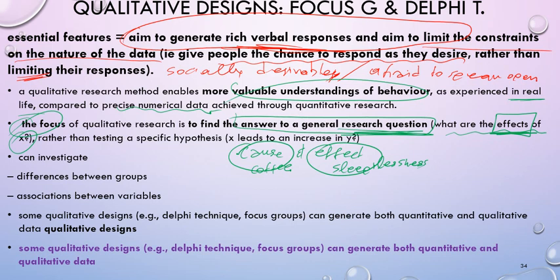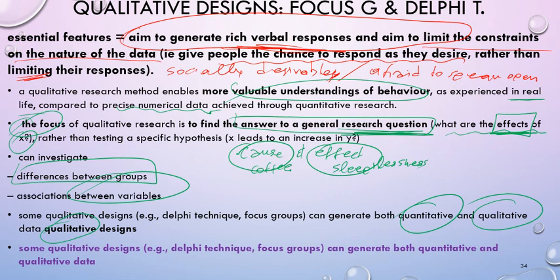Also, the qualitative designs can investigate the difference, as we said, between the groups and associate these variables. I have explained that before. We can have either qualitative or quantitative data in this focus group or Delphi technique designs. I already explained to you, my research was a qualitative design.